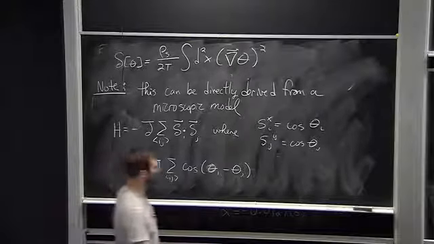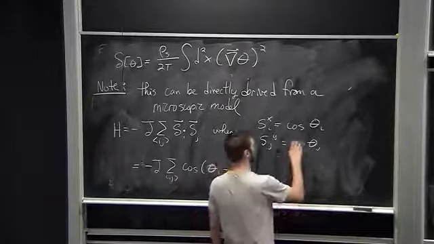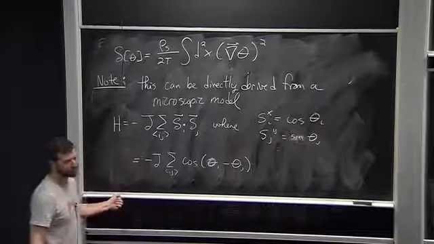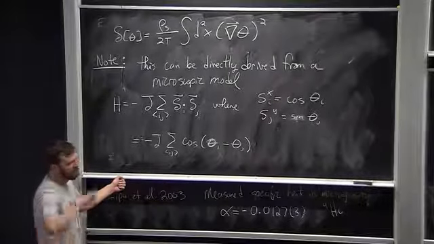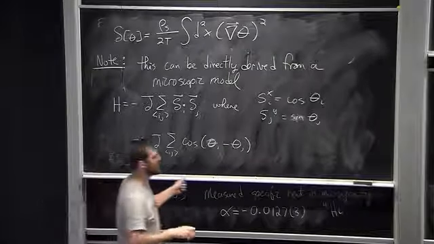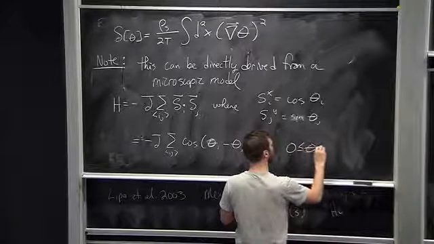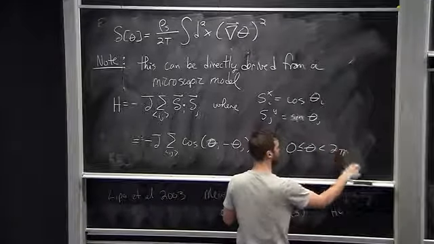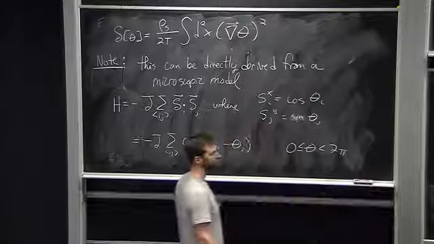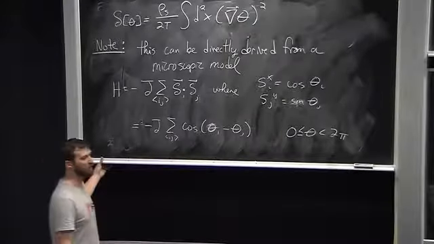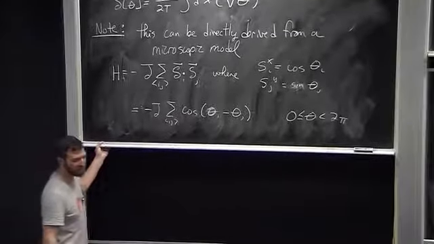Oh, no, it's cosine cosine, sine sine. I'm an idiot. And then that just gives you, through a trig identity, this cosine. Okay, so the theta variable is constrained, which is the same as the constraint on the nonlinear sigma model.